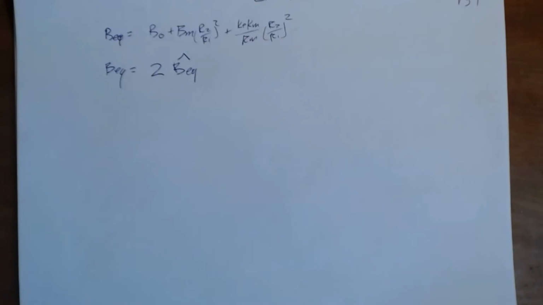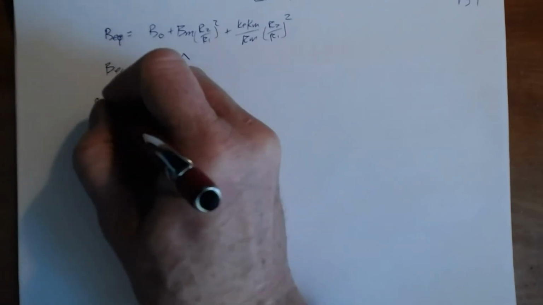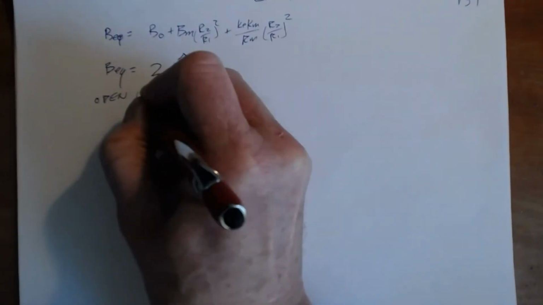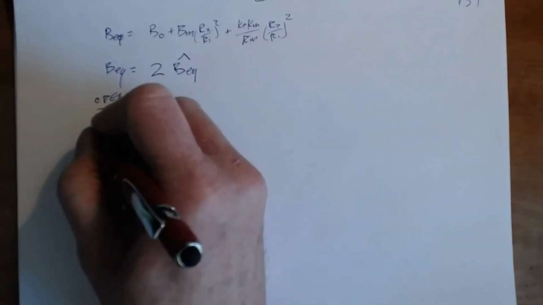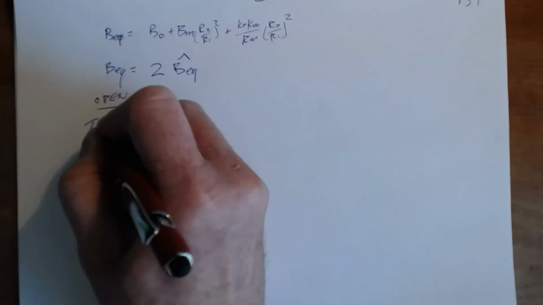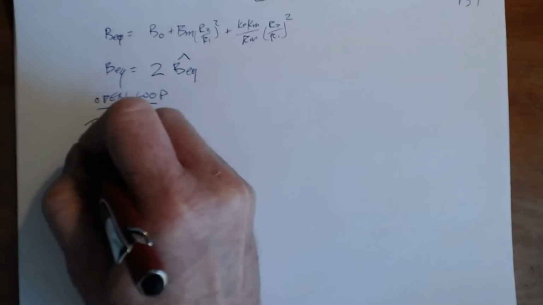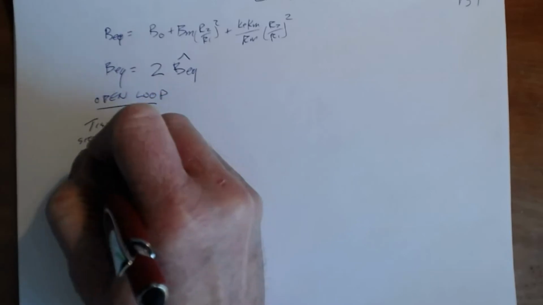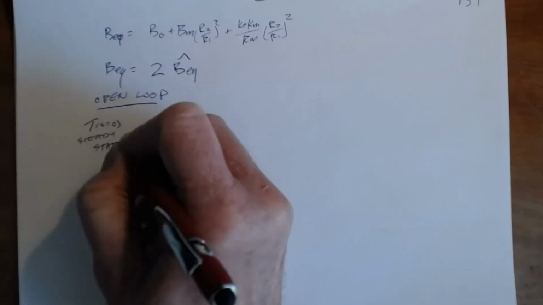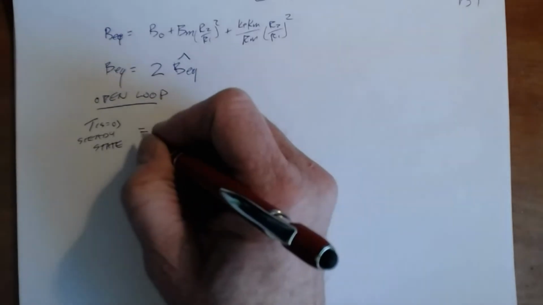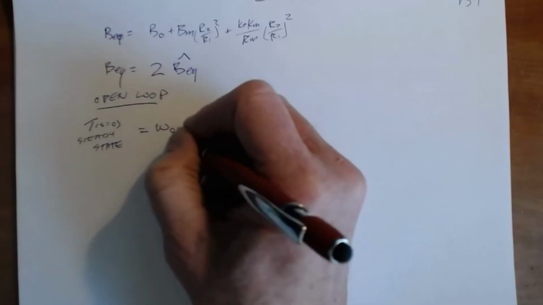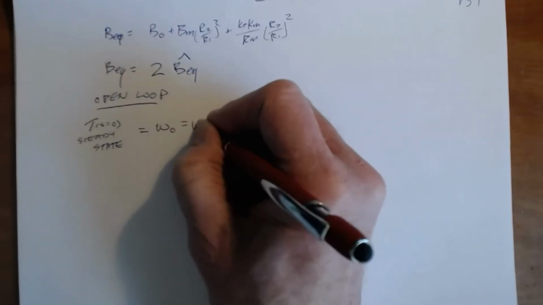Right? So now we're going to say, if it's open loop, what I can say is that T of S equals 0, this is the steady state, is equal to the output, which is what we wanted it to be.